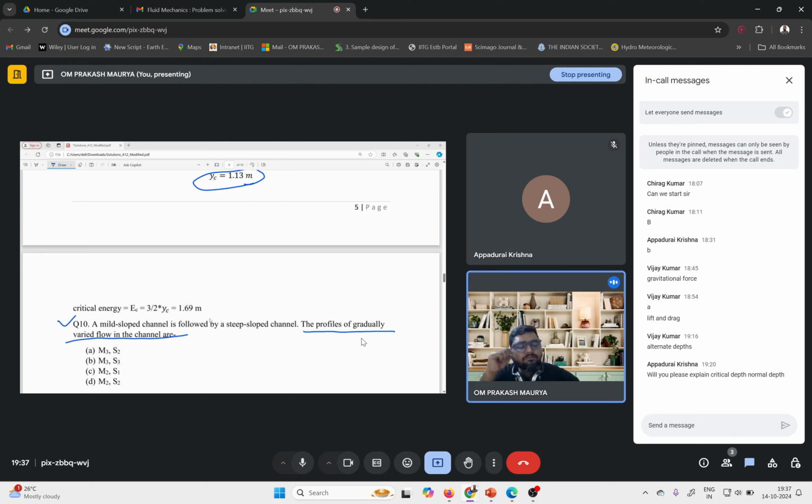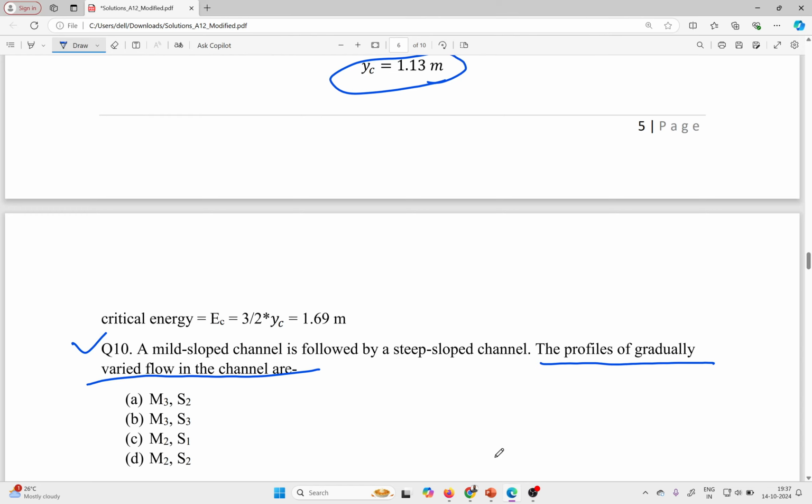Okay, let me discuss. So here what is M3 actually? In mild slope, this is the representation of the zone of flow, you can say.